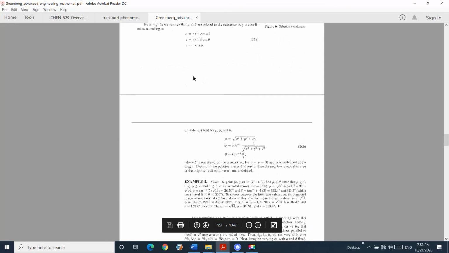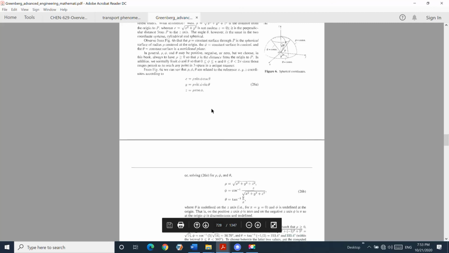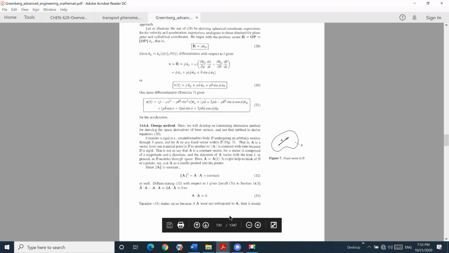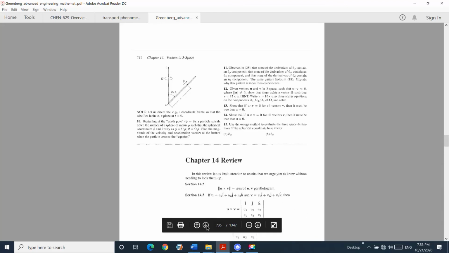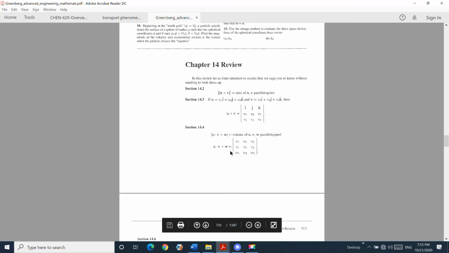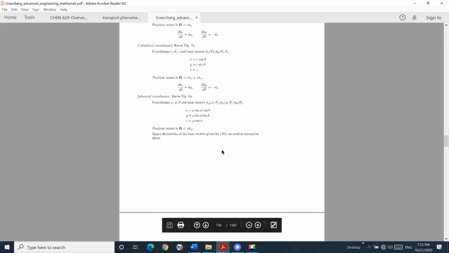And for spherical coordinates, we can use these formulas to interchange between the two coordinate systems. So chapter 14 covers the dot product, cross product, non-Cartesian coordinates and so on.